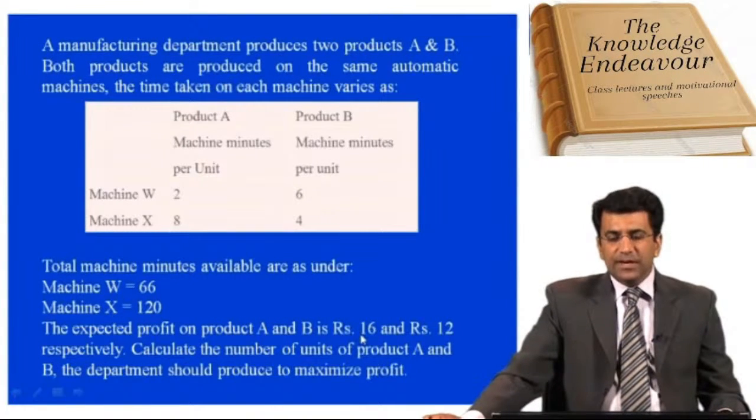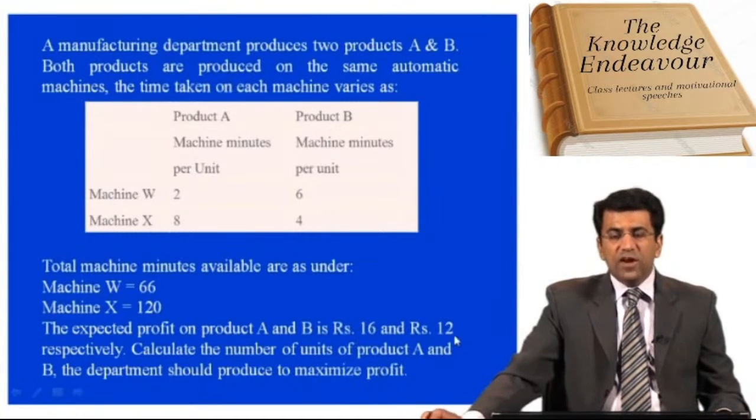And if we suppose that we are producing y number of products B, and for 1 unit of product B the profit is 12, and for y units of product B the profit will be equal to 12y.